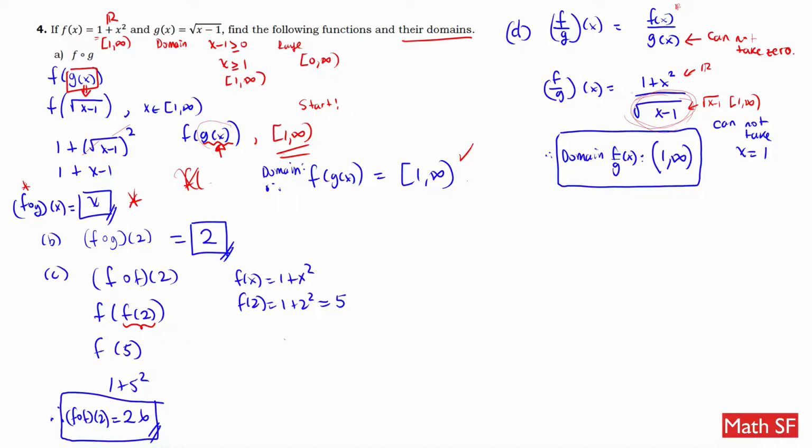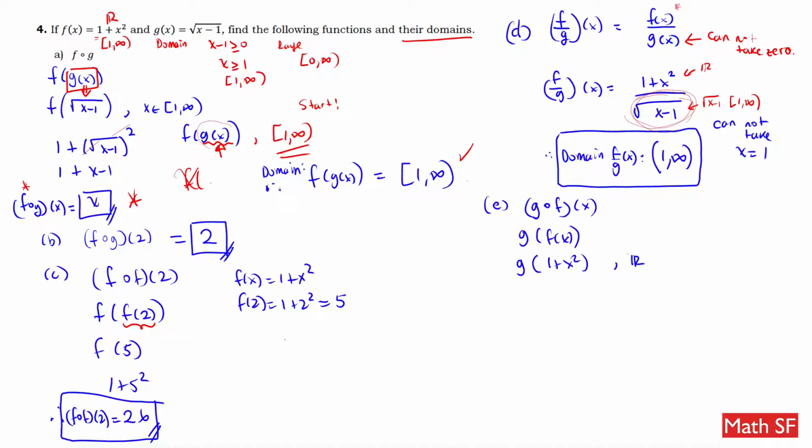Now let's do the next problem. Part E. In part E, they're asking you to find g of f of x. So let's first do g of f of x. What is g of f of x? Well, f of x itself is 1 plus x squared. And be careful with the domain. What is the domain here? The domain is all real numbers, so we're fine.